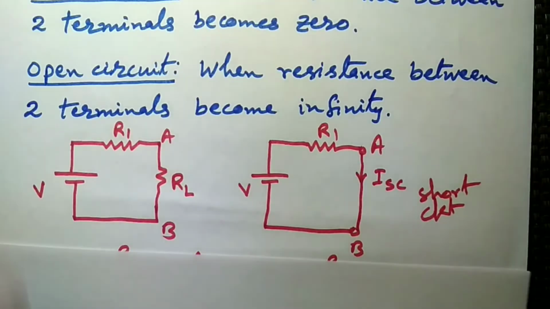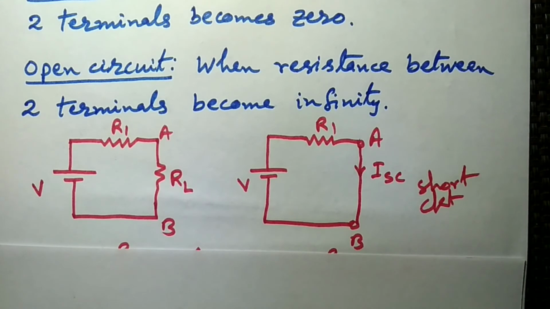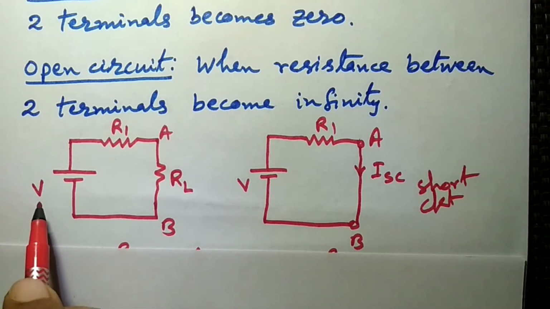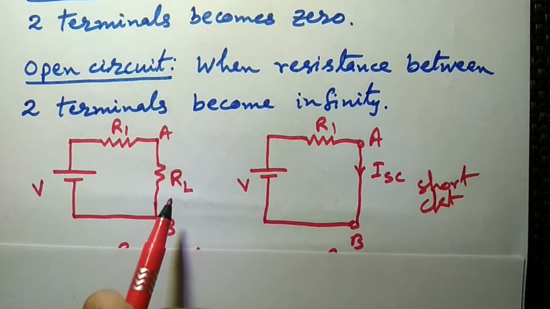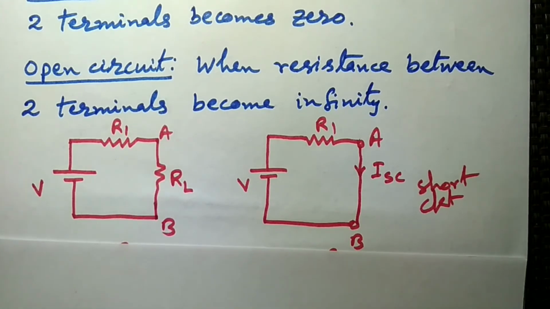Suppose in this given circuit, I have drawn a simple circuit with a voltage source V, R1 is a resistance, and RL is a load resistance. A and B are the load terminals. According to the condition, we have to short circuit the load terminals, A and B. Then what we will do?